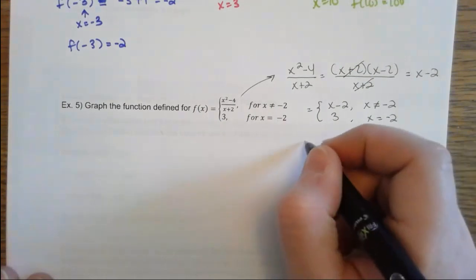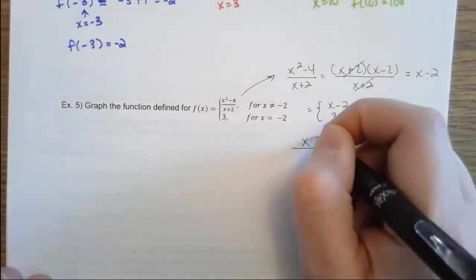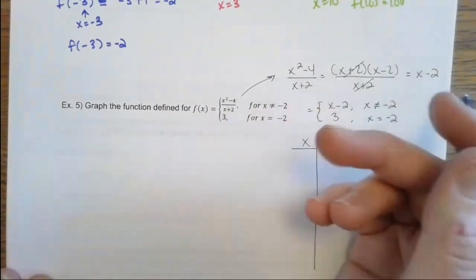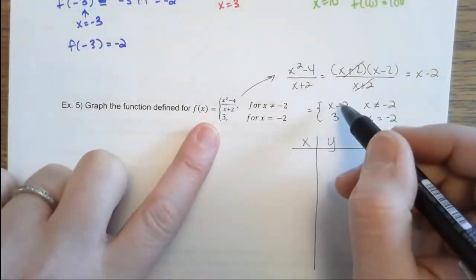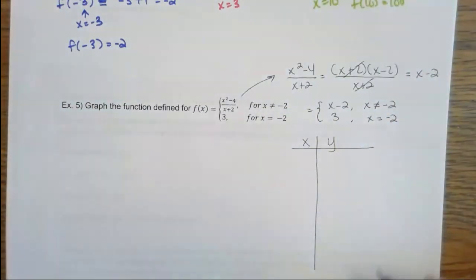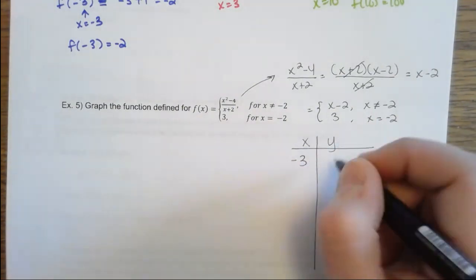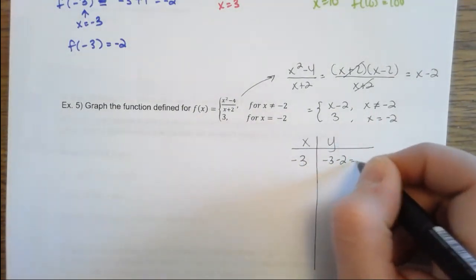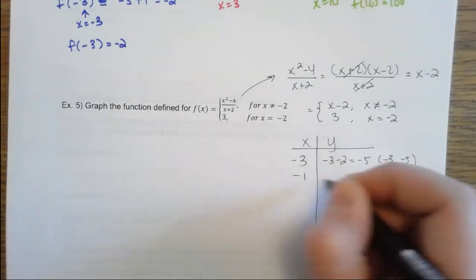So what you do for graphing is you're going to set up your table still, and you're just going to do it in pieces. So I'm going to do this expression first, and I'm going to plug in a whole bunch of different values except for -2. So maybe I plug in -3. So I get -3 minus 2 is -5. Maybe I plug in -1.